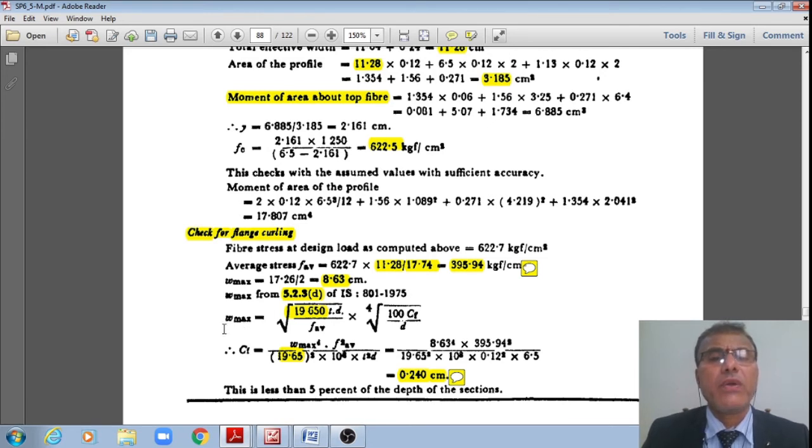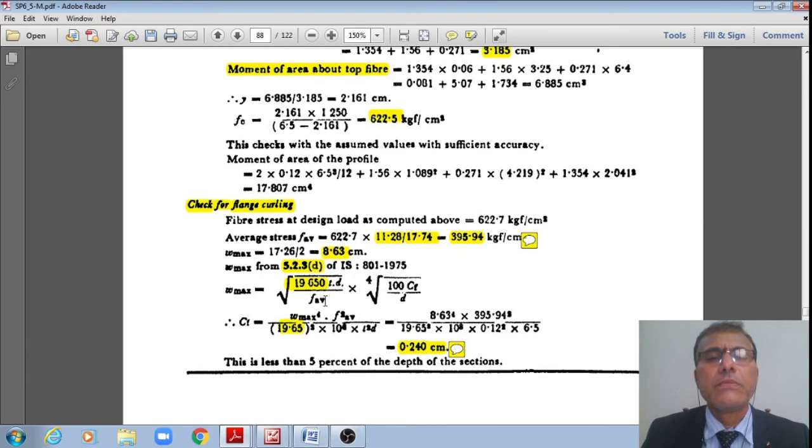Where I do have this W maximum given by that formula, and I'm substituting here. Here W maximum is already calculated as 8.63.